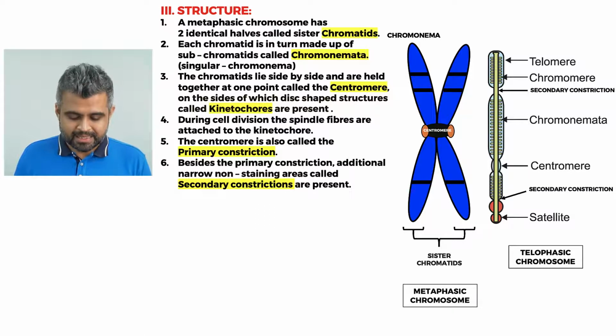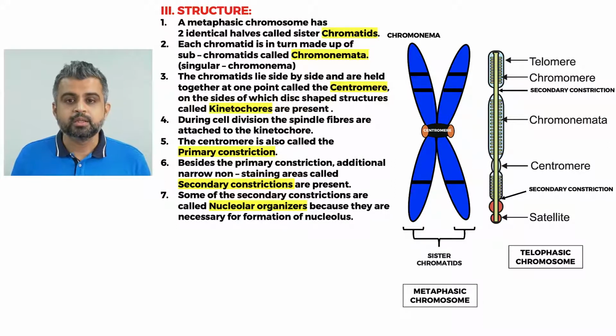Now the secondary constrictions are sometimes also called the nucleolar organizers. Not nuclear, nucleolar. They are called nucleolar organizers because they help or are necessary for the formation of the nucleolus. We have done that before when we were talking about the nucleus in lecture number 4 of cell.